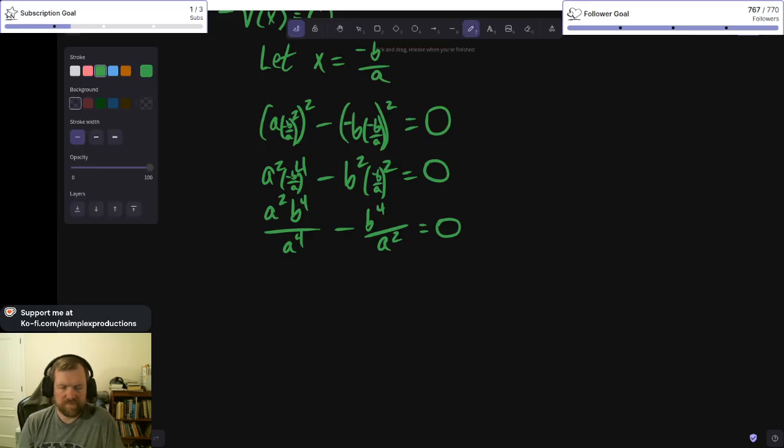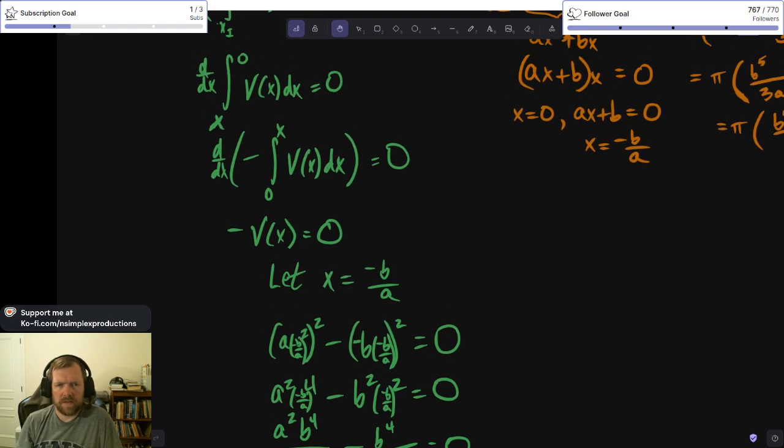Right, this is just b to the fourth over a squared minus b to the fourth over a squared is equal to 0. So that's true, although that's not what I wanted. We did something.